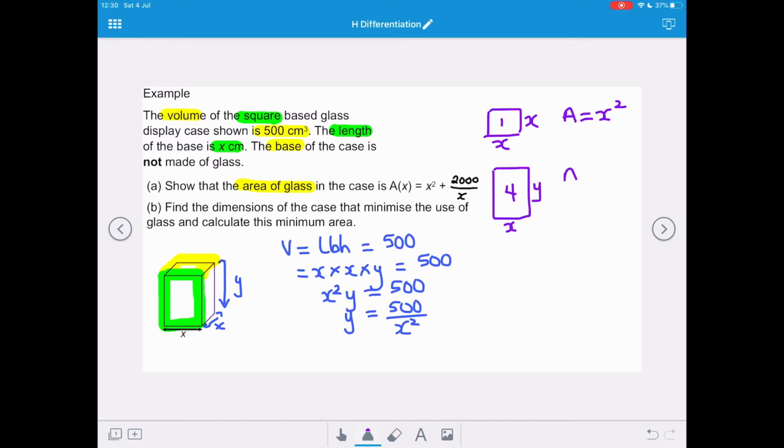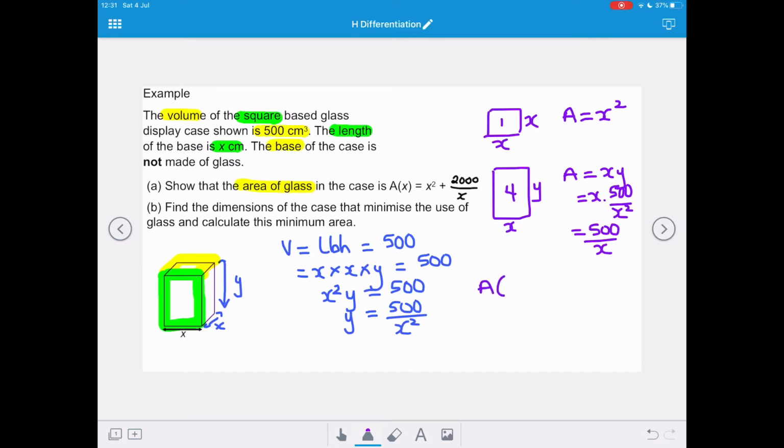And if we put that into our area formula, we know that A equals xy, and we can substitute in our value for y, which was 500 over x squared, and that gives us an area for those four rectangles of 500 over x.